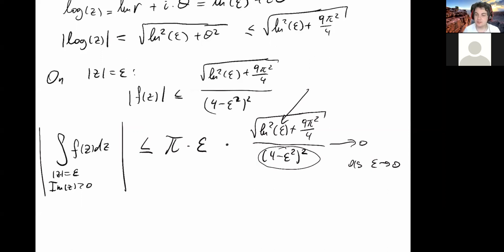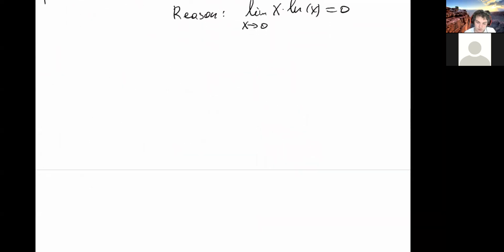You can try to use a fancy L'Hopital's rule, and you'll see this. But the reason is that the limit of x times logarithm of x is 0 when x goes to 0. This is a fact from Calc 1, I guess. And so this integral also goes to 0.